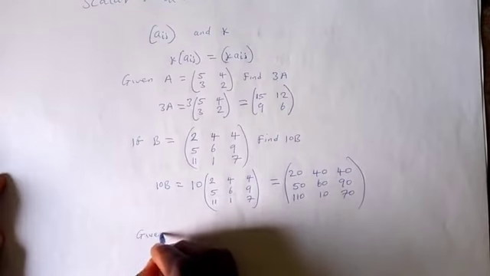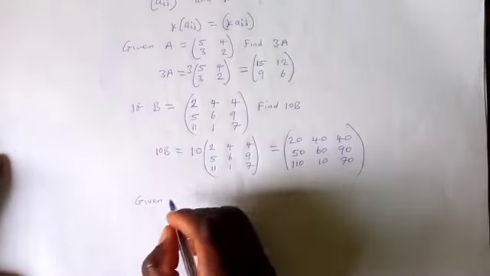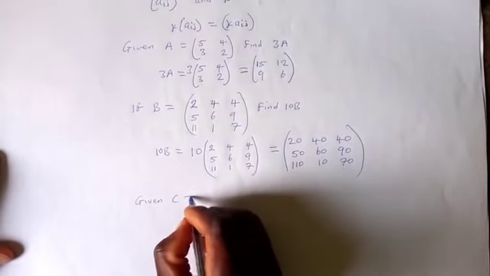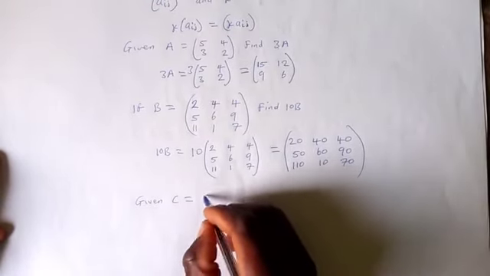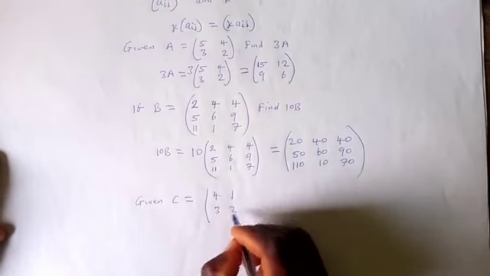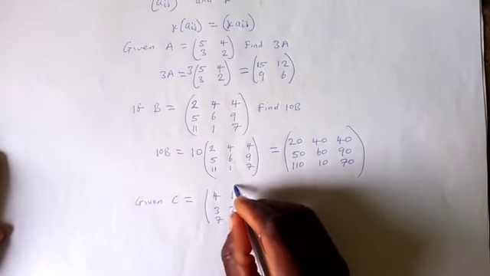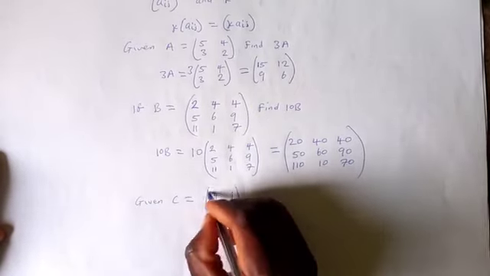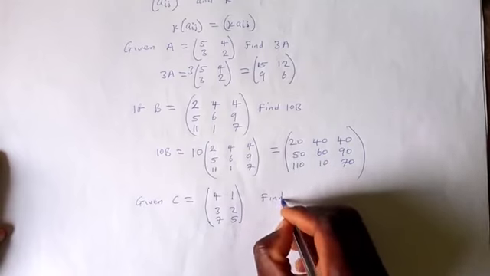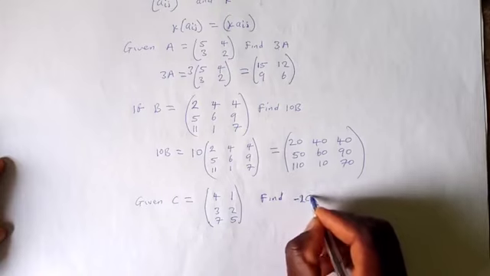Given that matrix C is equal to 4, 1, 3, 2, 7, 5. Find minus 2C.